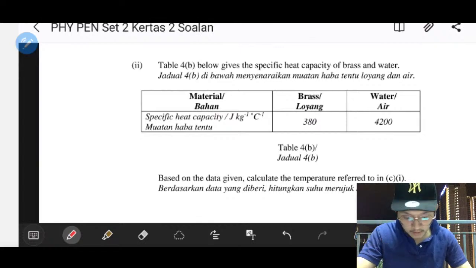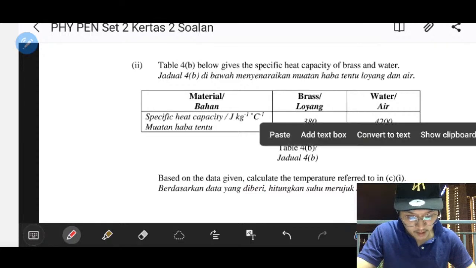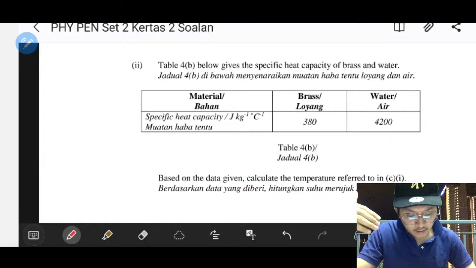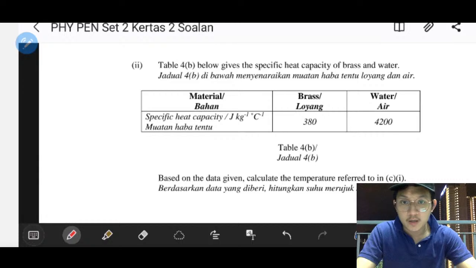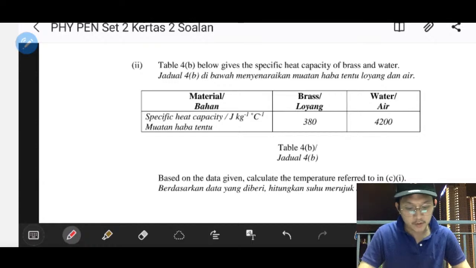What they want to calculate. So just remember, loyang 380 gram, air 4,200, dan kedua, loyang tersebut is 30, loyang tersebut 100 gram, air tersebut pun 100 gram. Okay.